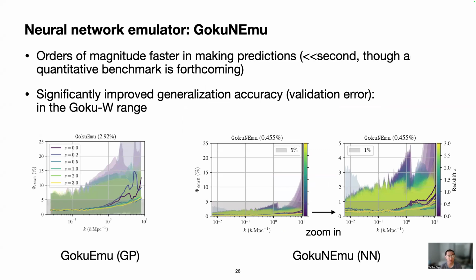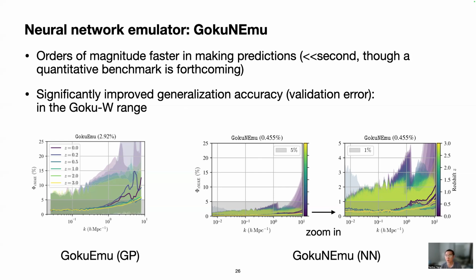In addition, GokuNEmu is orders of magnitude faster in making predictions. And we have significantly improved the generalization accuracy. For example, in the GokuW space, the error is decreased from 3% to about 0.5%.